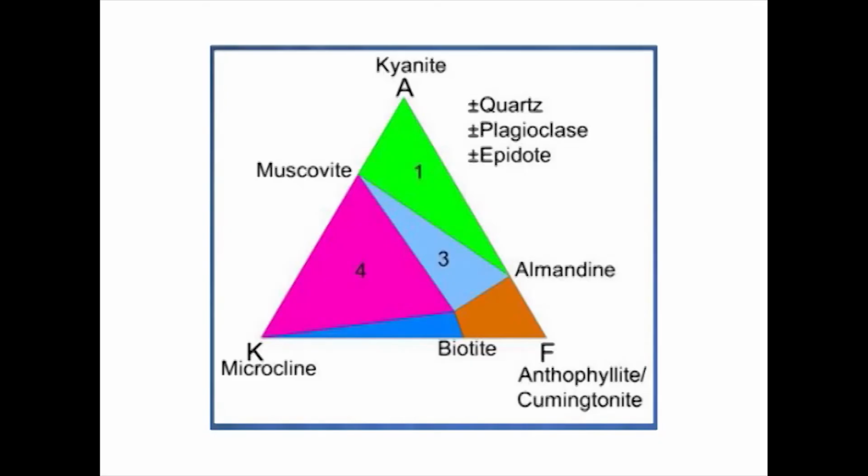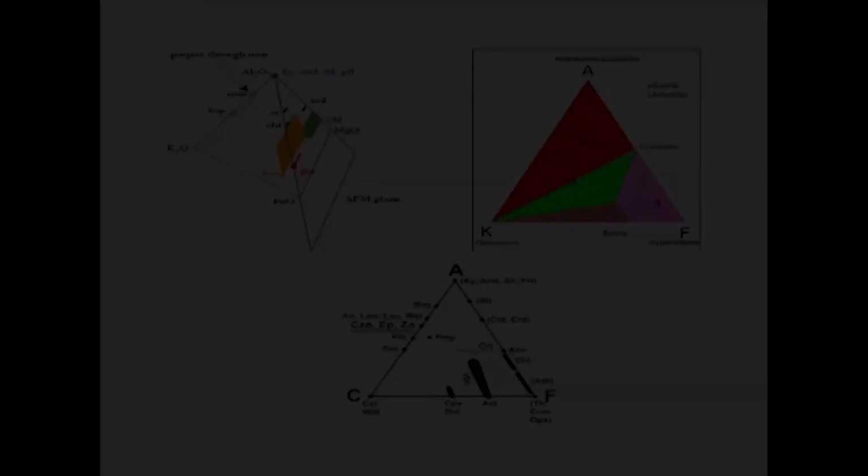The AKF diagram has lost much of its usefulness, since a better method is now available for the representation of Fe-, Mg- and Al-containing minerals which coexist with biotite and muscovite or potash feldspar. This method is known as AFM projection.